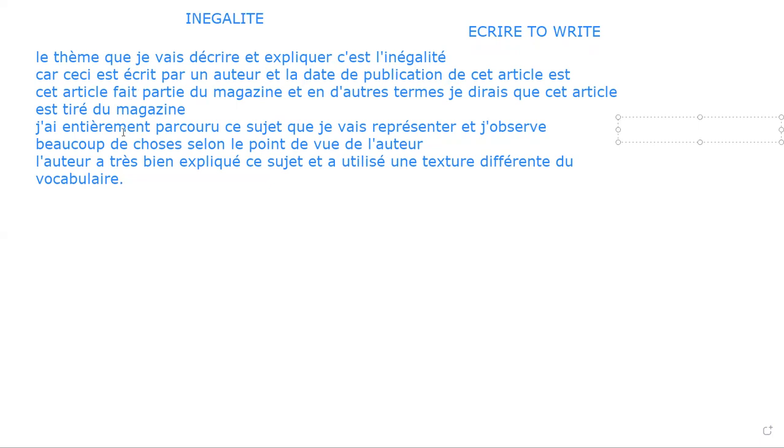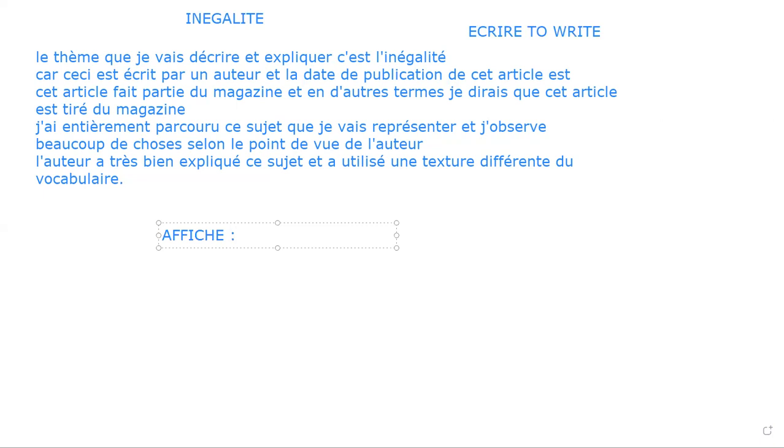Now you will say, I have fully gone through this topic, which I'm going to represent, because you're going to represent the theme inequality, which you have observed in the sheet. D'autres affiche. What is affiche? Affiche is a French word.